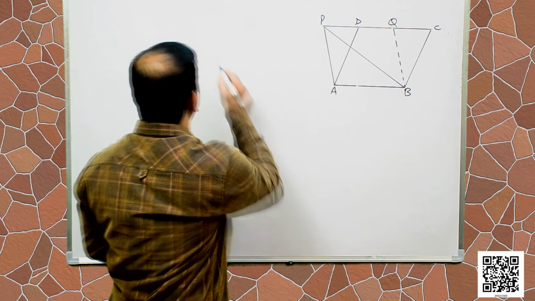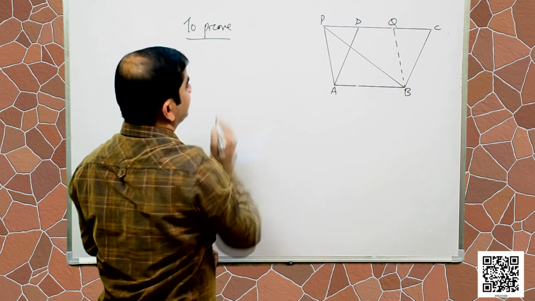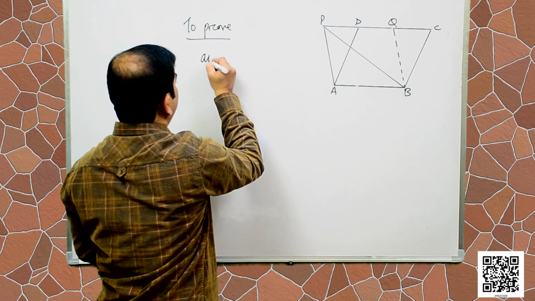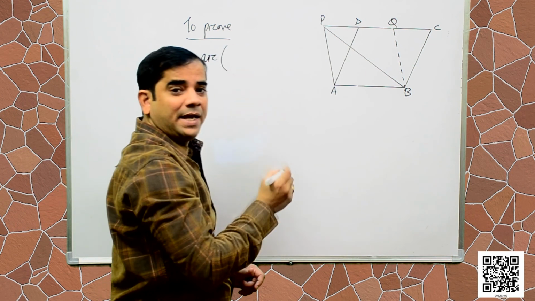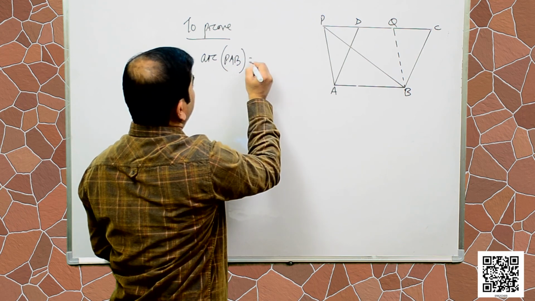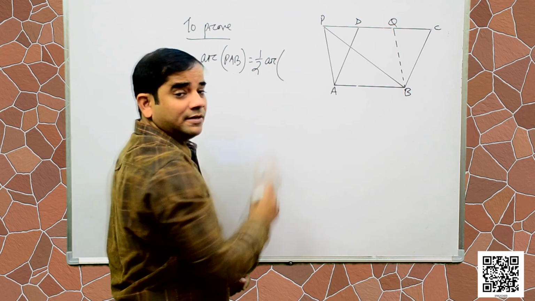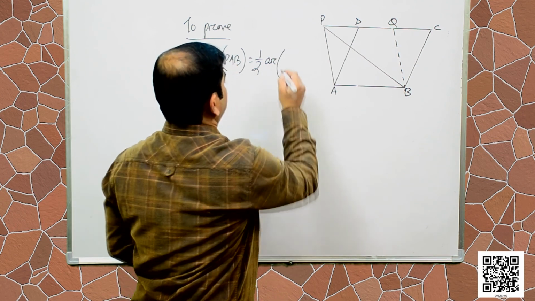That means to prove area PAB is equal to half of area ABCD.